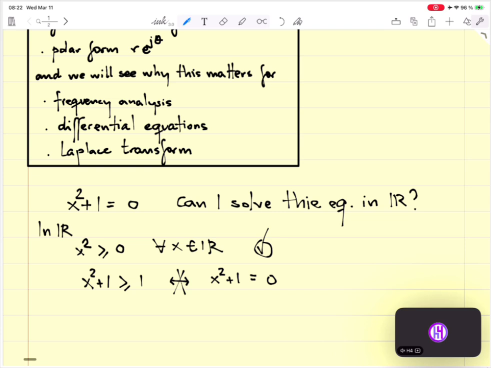So we introduce, and this is the motivation why we have complex numbers, okay, for this very equation, a new number which has a very specific geometric meaning.